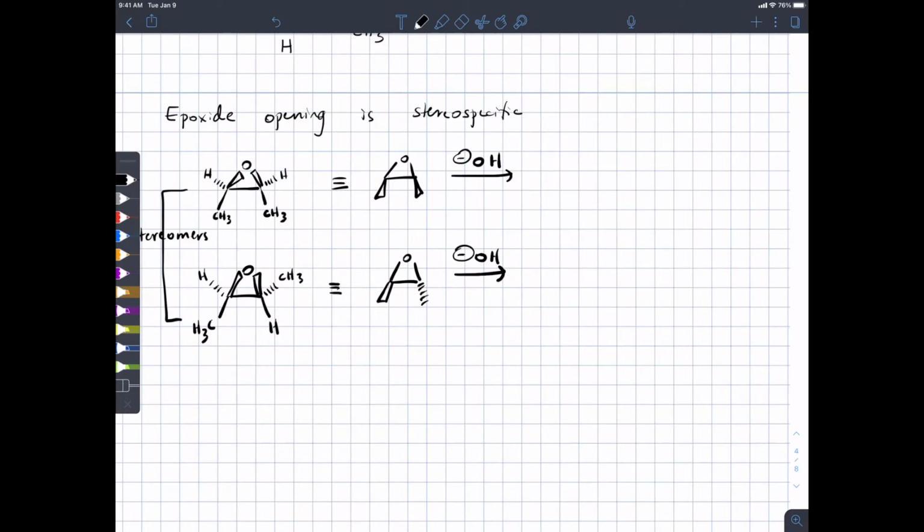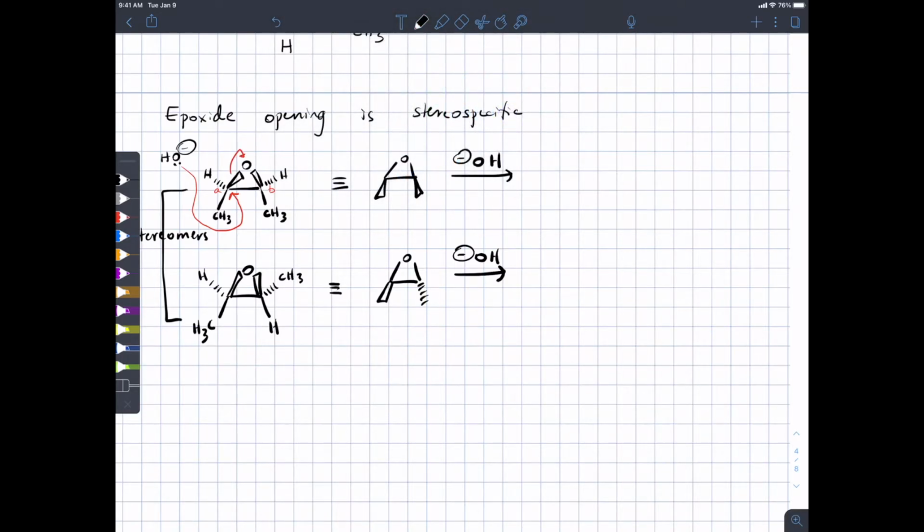To do OH as the nucleophile, we'll do an SN2 reaction. It doesn't matter which of these two carbons of the epoxide gets attacked because they're identical. We could call this carbon A and carbon B. They're identical by symmetry. The epoxide on top is a meso compound, so it doesn't matter which one gets attacked. Both of them do. We'll draw the mechanism for just one.